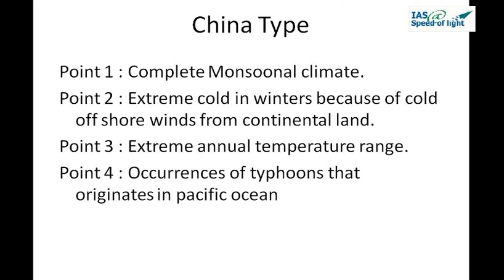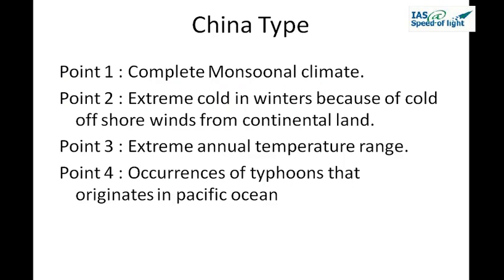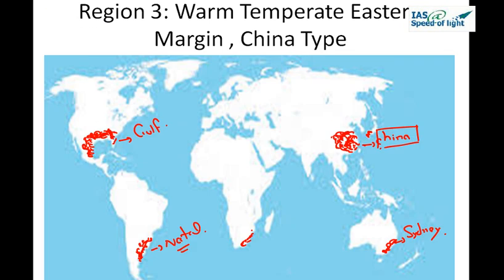So the China type, what we have seen, is the eastern part of China. Complete monsoonal climate, extreme cold in winters because of cold offshore winds from the continental lands. Right? With the intense heating of this part, first it would be the monsoons, and then when it would be very cold, it is going to be offshore winds which are going to be very cold.